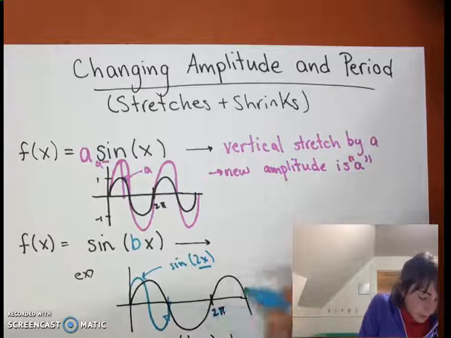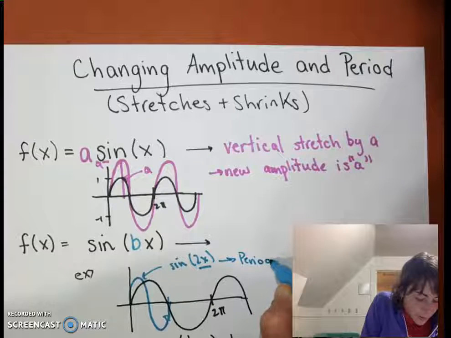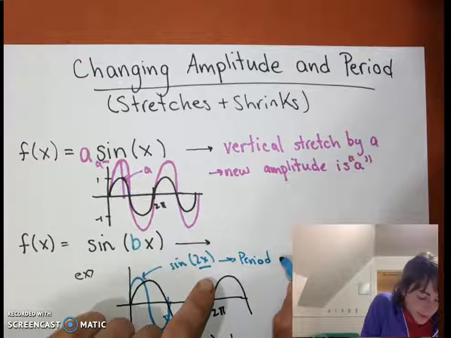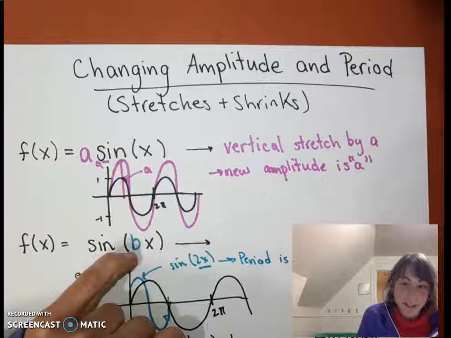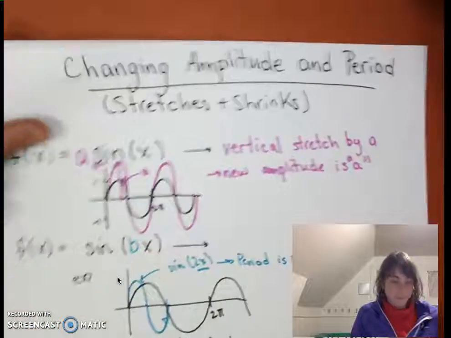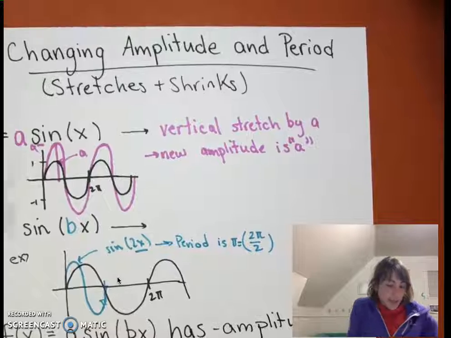So the period of sine of 2x is pi, which is the same as the old period divided by the factor that we sped it up by. So I'll say that again.